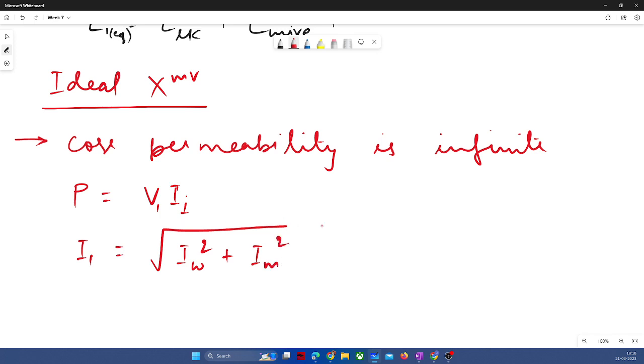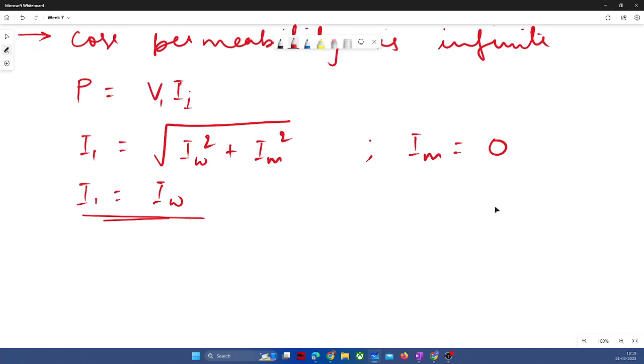When your core permeability is infinite, you do not need to give any magnetizing component, and all power will be active power. And what happens to the power factor when all power becomes active power? One, unity. Yeah, correct. Perfect.